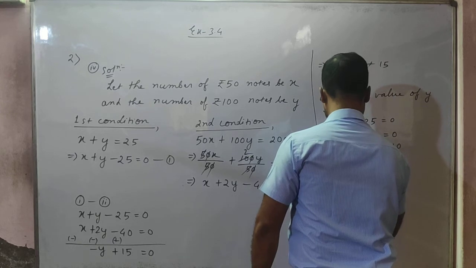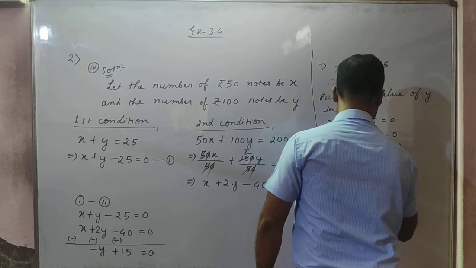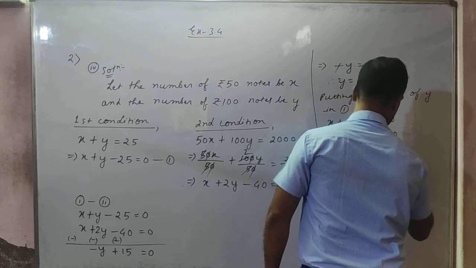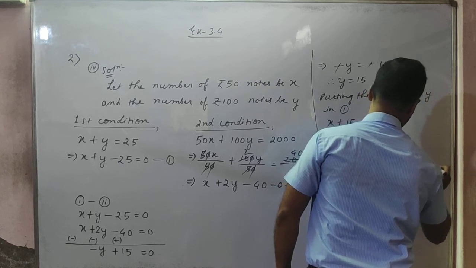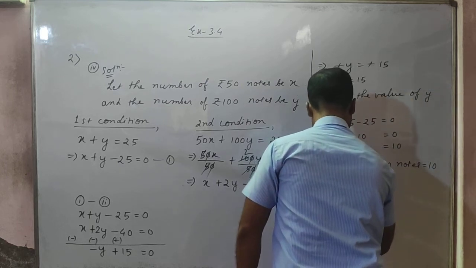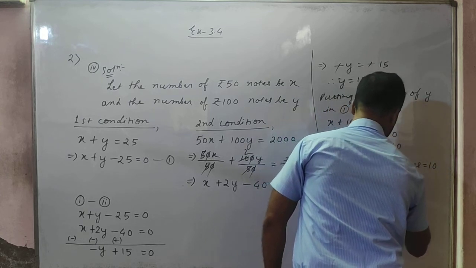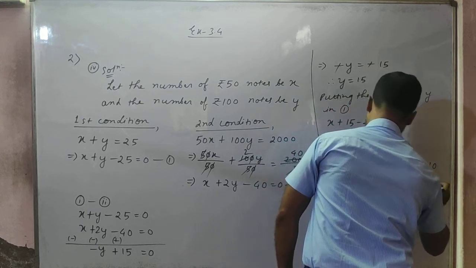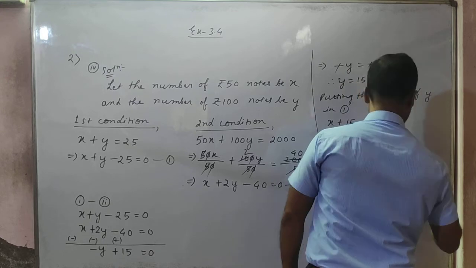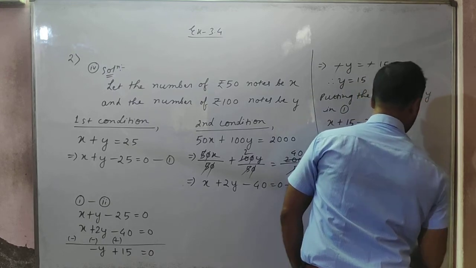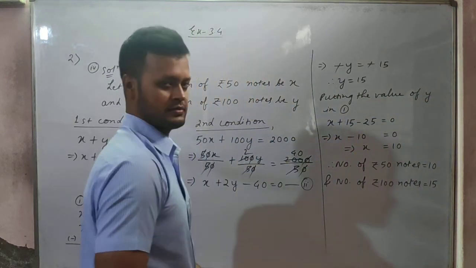Therefore, number of rupees 50 notes is equal to 10, and number of rupees 100 notes is equal to 15. Okay, students?